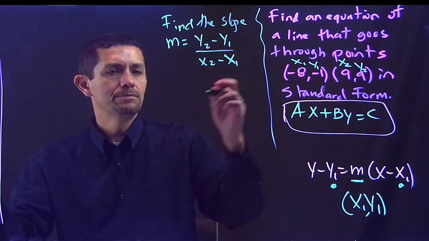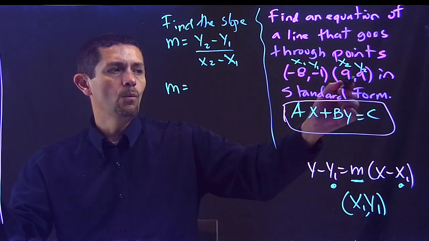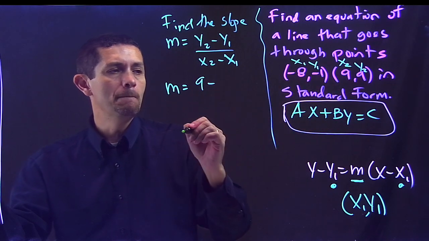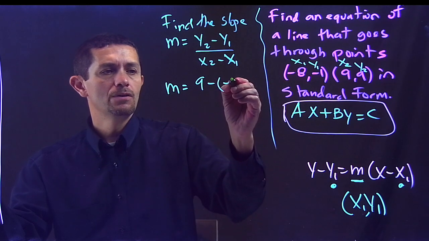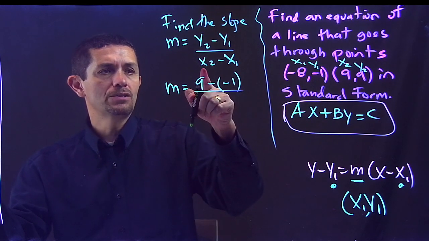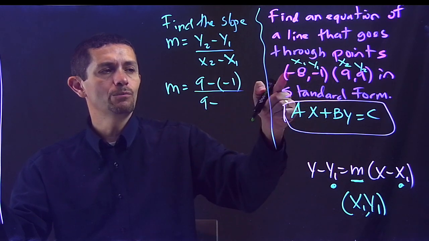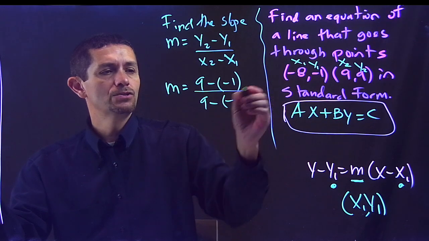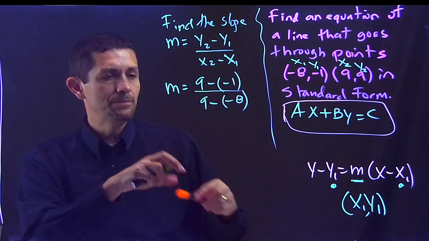Let's plug it back in. y2, 9, minus y1. Oh, but y1 is also negative, so I'll put a parenthesis to be careful. Over x2 minus x1. Oh, but x1 is also negative, so I put a parenthesis. What's happening with those negatives?